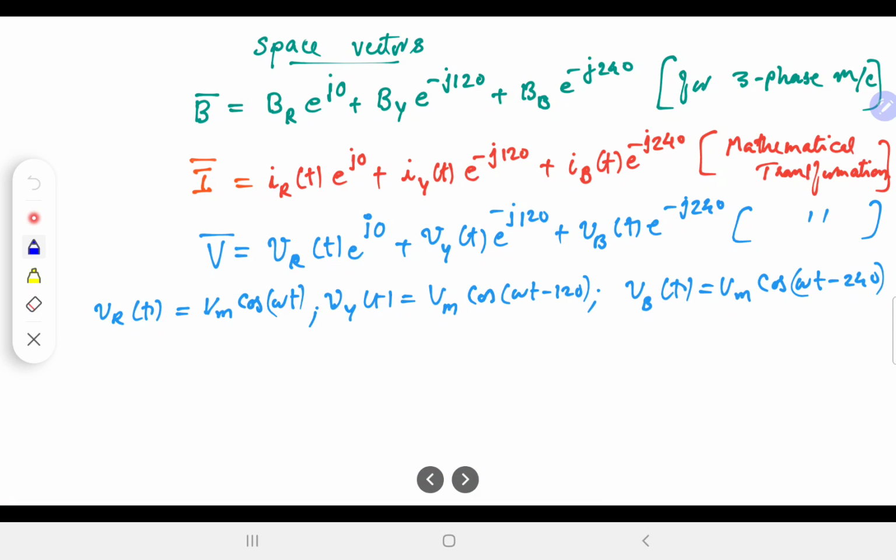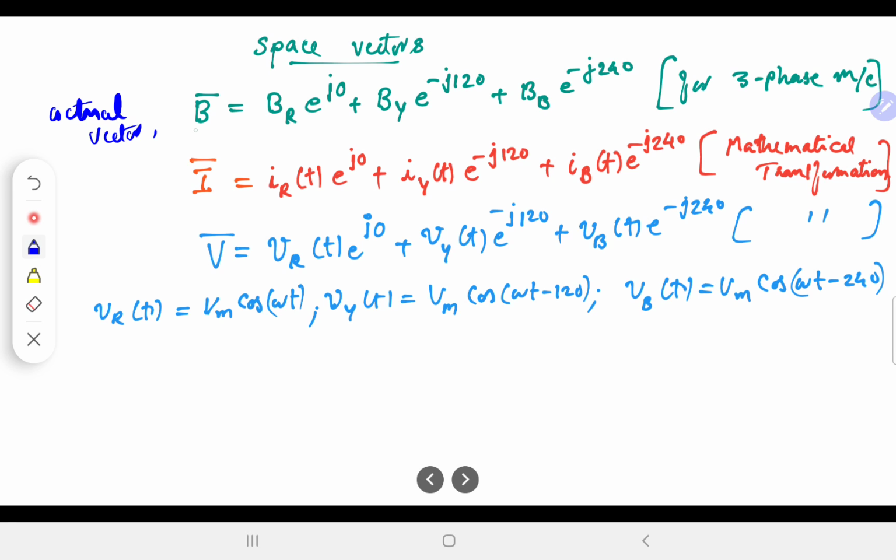So the space vector is defined that way. B, which is the actual vector in space, is in reality a physical vector which would be there in space if you impress three-phase currents on three spatially shifted coils appropriately chosen.